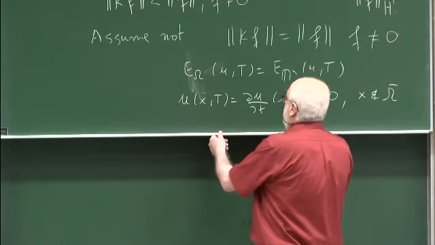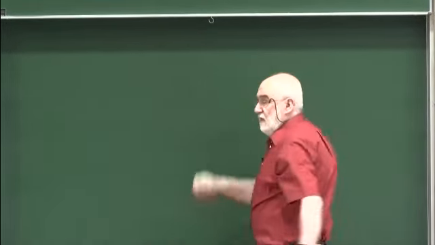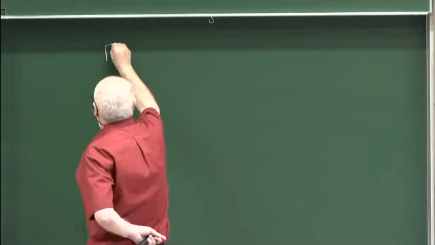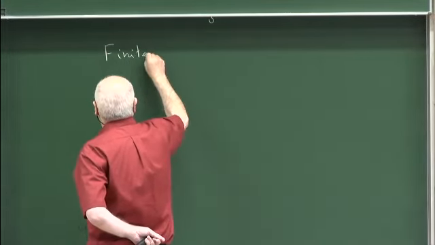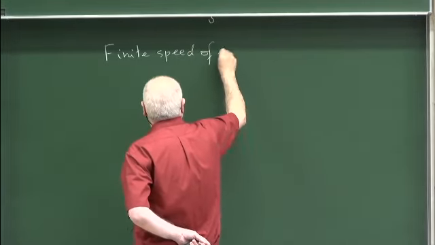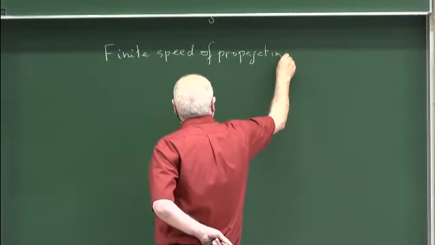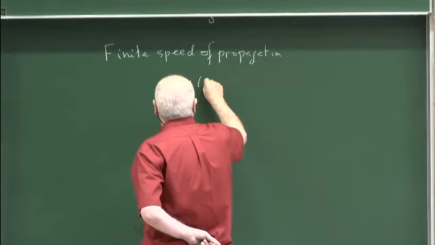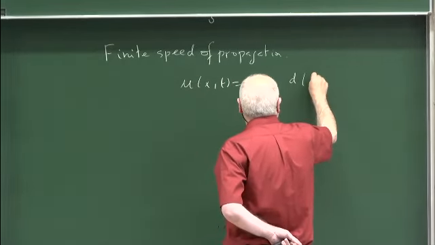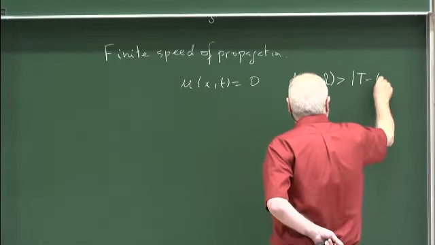And now, by finite speed of propagation, this was one of the properties that I mentioned yesterday of the wave equation, this implies that u of x,t is 0 for distance of x to omega bigger than t minus t.